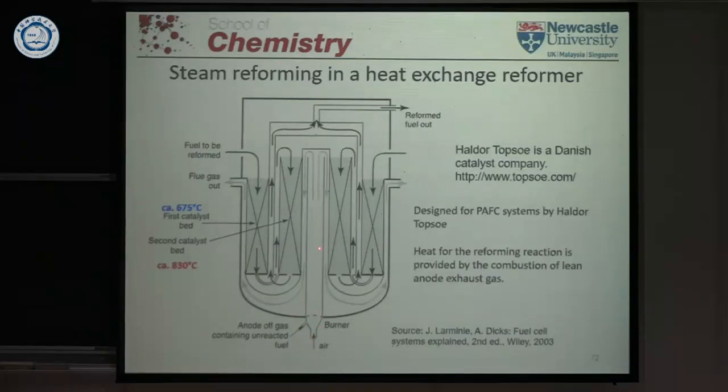So you have a burner that is able to provide the heat, and then you have a heat exchanger here, and that heat exchanger gives you the heat for the reforming reaction. You see here the fuel that has to be reformed comes in here, and here's the catalyst bed where you do the reaction, and here comes the reformed gas out of it. So this is a concept that can be built fairly large in a multi-kilowatt range for industrial application.